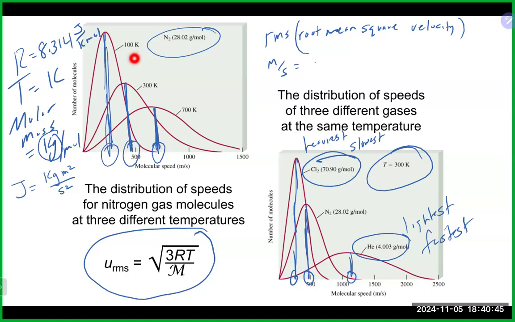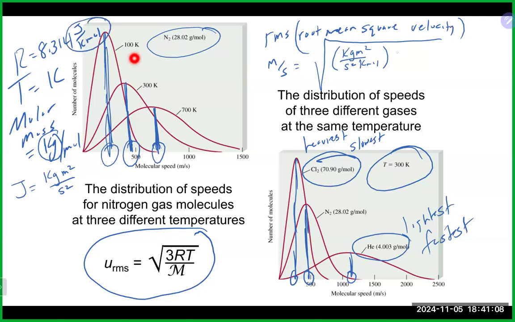If you take a look at just the units going on in here, we have R, which is joules, which is kilograms meters squared per second squared, per Kelvin and mole.